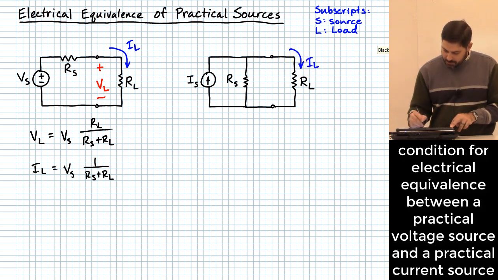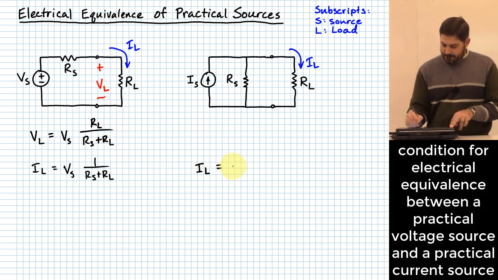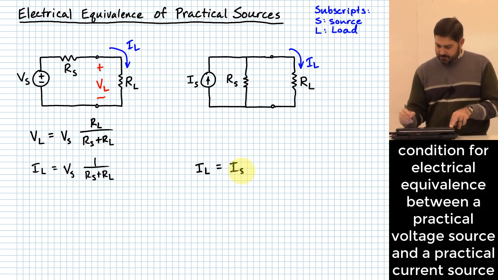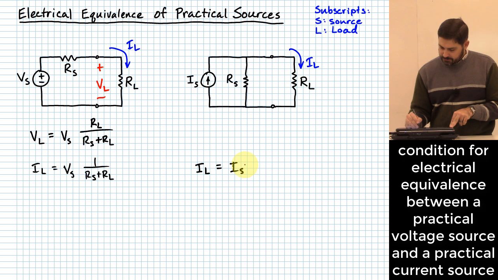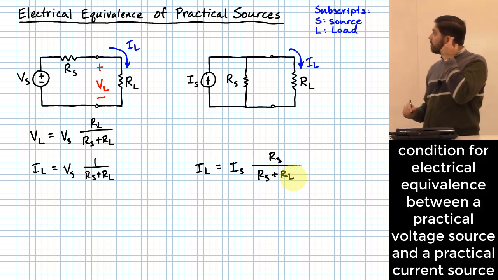What's IL going to be? IS times what? RS over RS plus RL. This is current division, right?